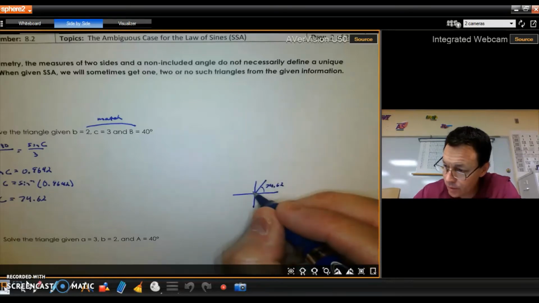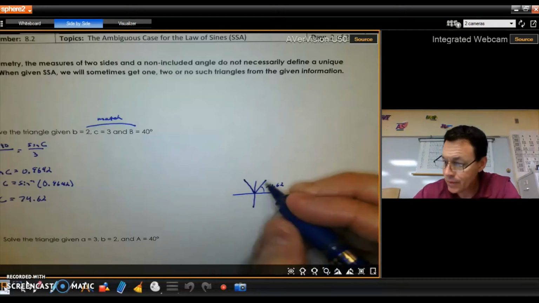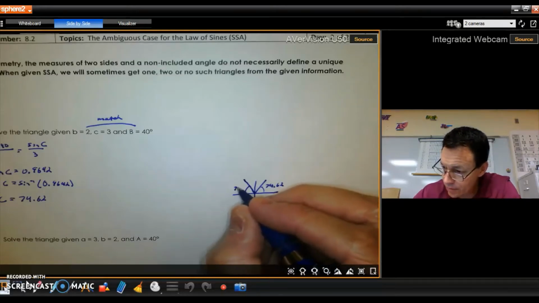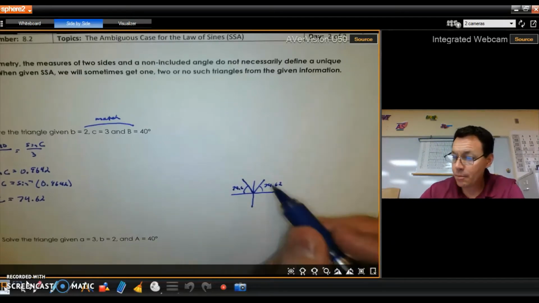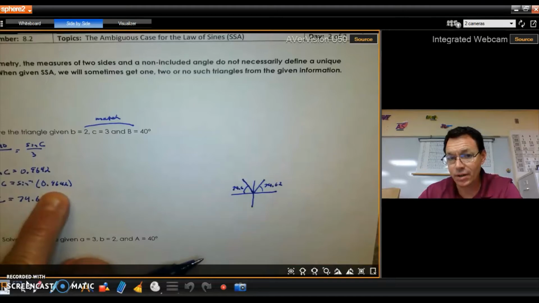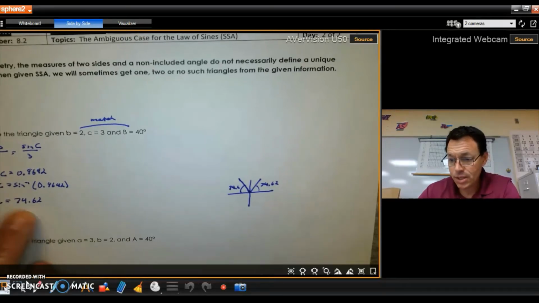But there's another one over here in quadrant 2 that is like the mirror image of that. It's 74.6 away from being 180 degrees. Both of these angles have a sine value. And if you're trying to solve an equation, or in this case, you're trying to solve for a triangle, we need both of those.